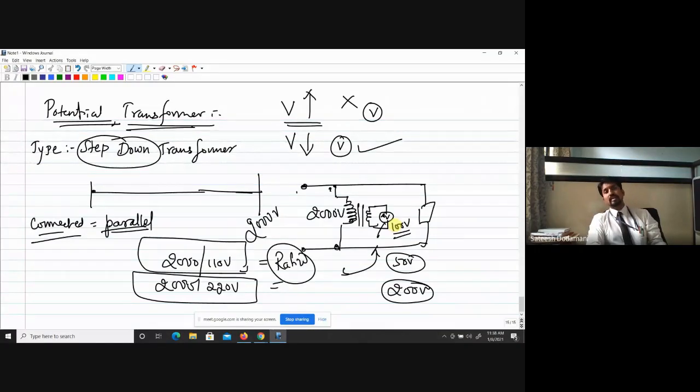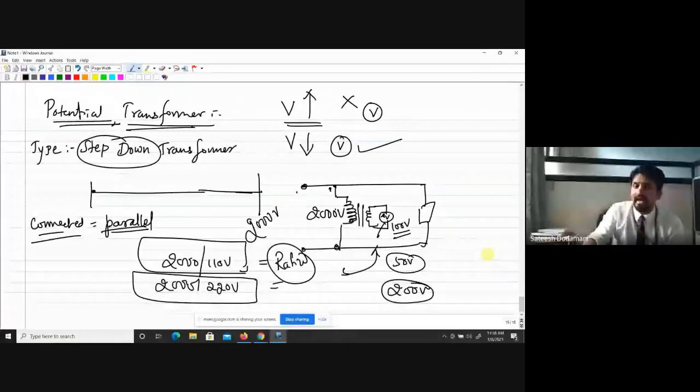So the potential transformer is a step down transformer, connected in parallel, and with the help of the standard rating you get the ratio, and that ratio is multiplied with the voltmeter pointer reading, and you will get the actual voltage available across the 2 points.